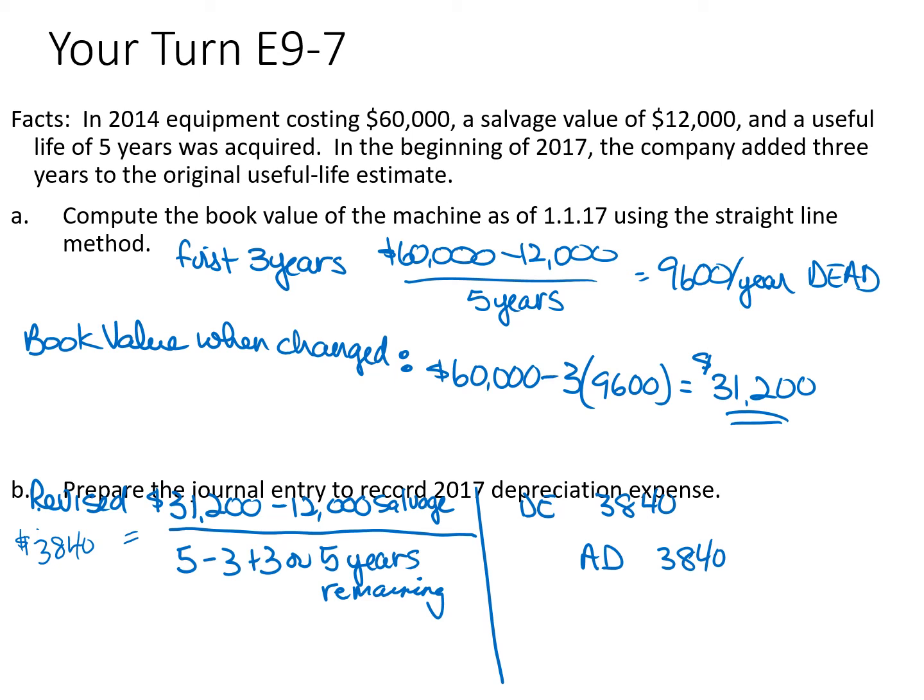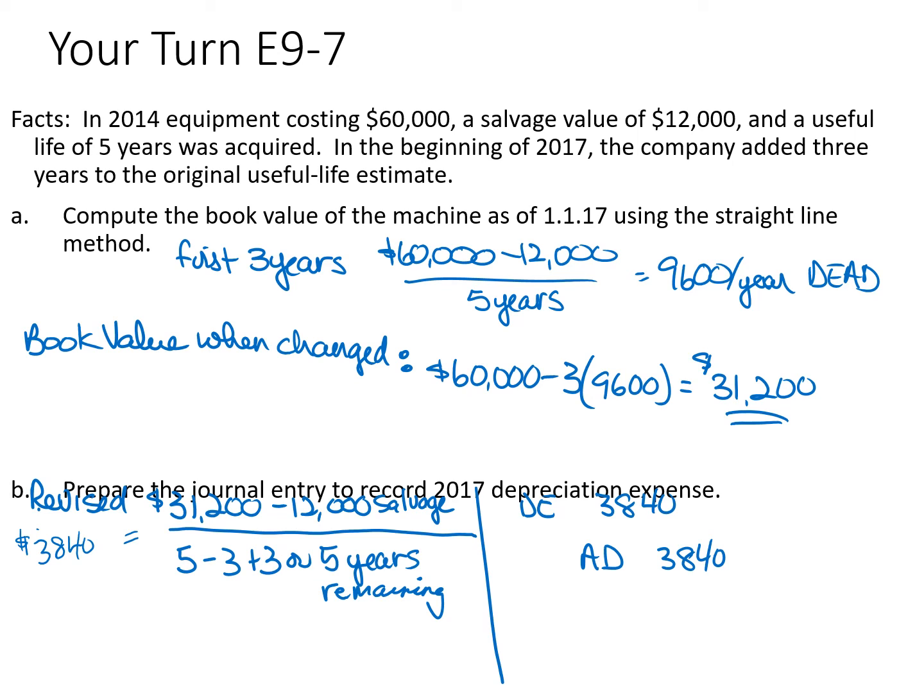So what was the book value when we changed an estimate? It was the cost of $60,000 minus the accumulated depreciation balance of 3 years times $9,600. So our book value was $31,200.